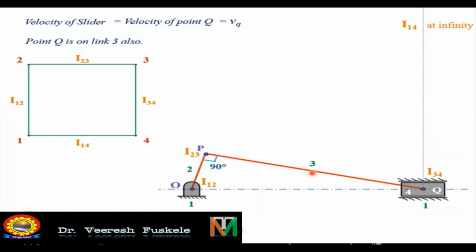For doing that, we'll join 1, 2, 3. So this will give us the instantaneous center I13 as follows.